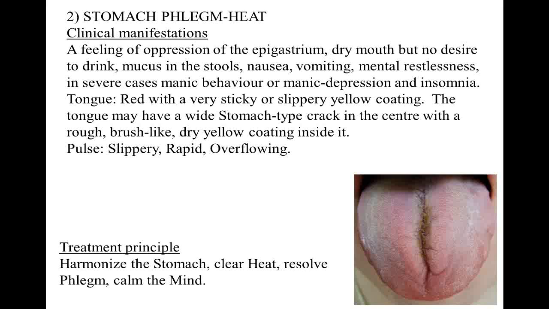This pattern could derive also from qi stagnation, but after some time, months or years, the qi stagnation, by obstructing the movement of qi, obstructs the transformation of fluids, and it can lead to phlegm. On the other hand, severe qi stagnation with time also leads to heat. So this is a more chronic pattern, a more complex pattern, and there might also be some underlying qi stagnation in this pattern.